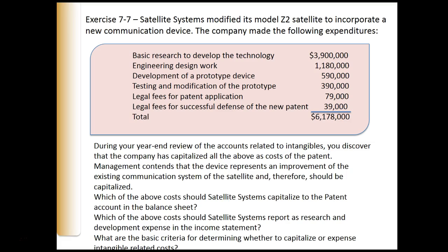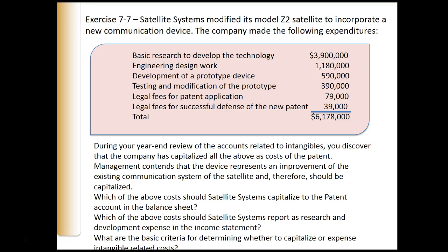Now let's look at exercise 7.7 in the back of your chapter. Satellite Systems modified its Model Z2 satellite to incorporate a new communication device. The company made the following expenditures.